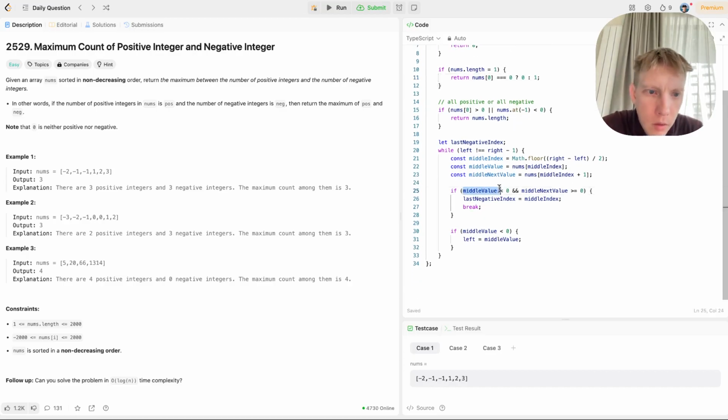If middle value less than 0 and next value bigger or equal to 0. Yep. There can be other case where we don't have negative number.